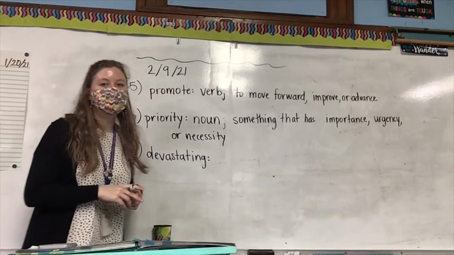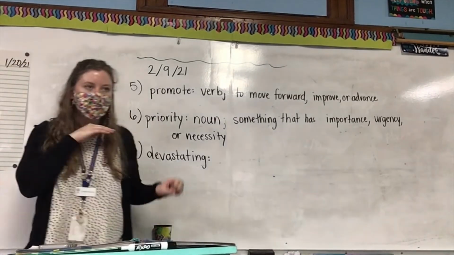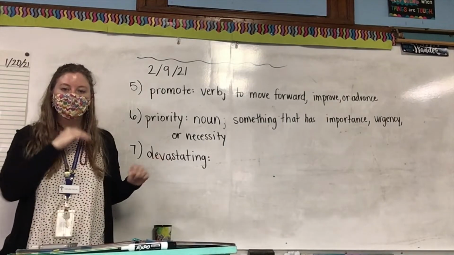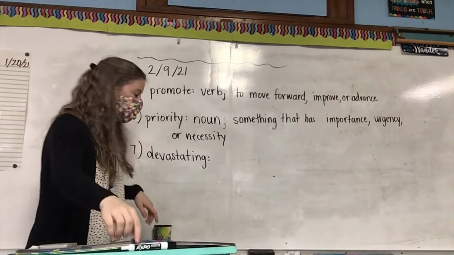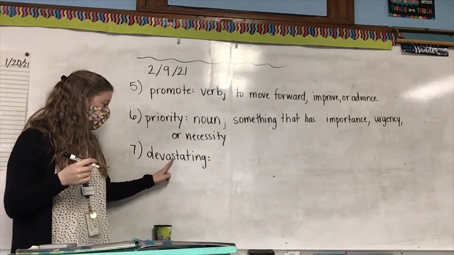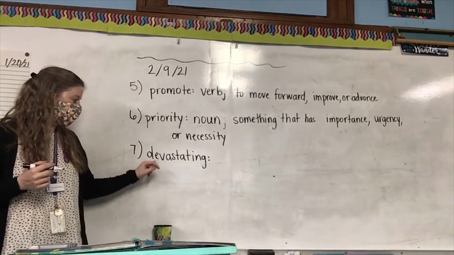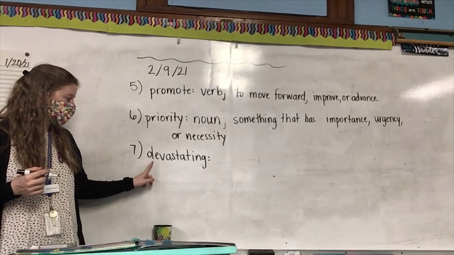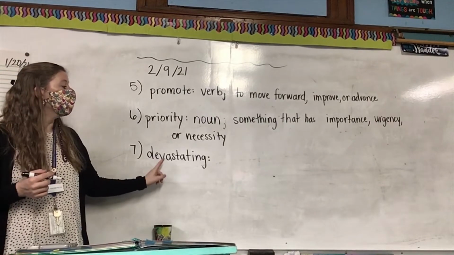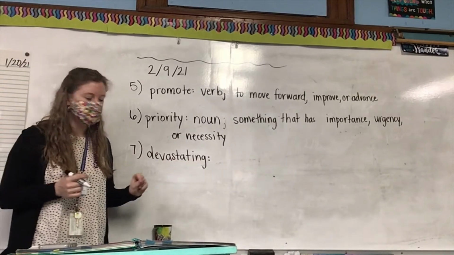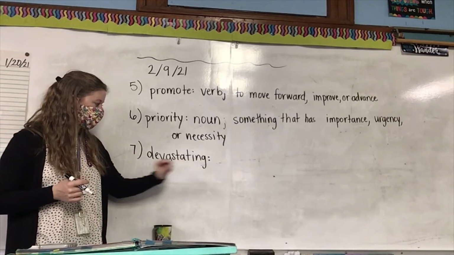Devastating has 4 syllables. Devastating. D-E-V-A-S-T-A-T-I-N-G. D-E-V, oops, I'm sorry. D-E-V-A-S-T-A-T-I-N-G. Devastating.